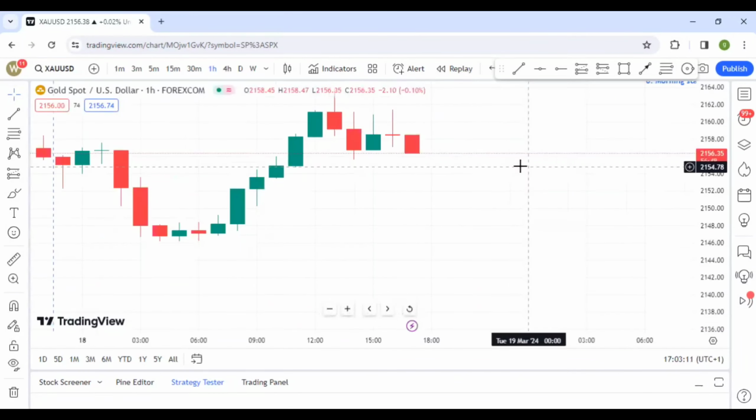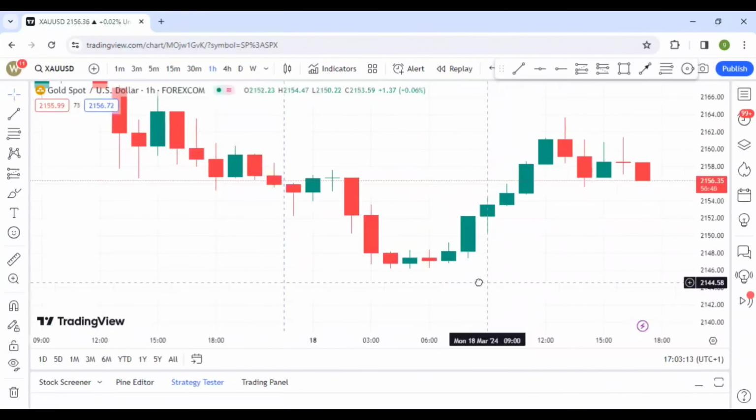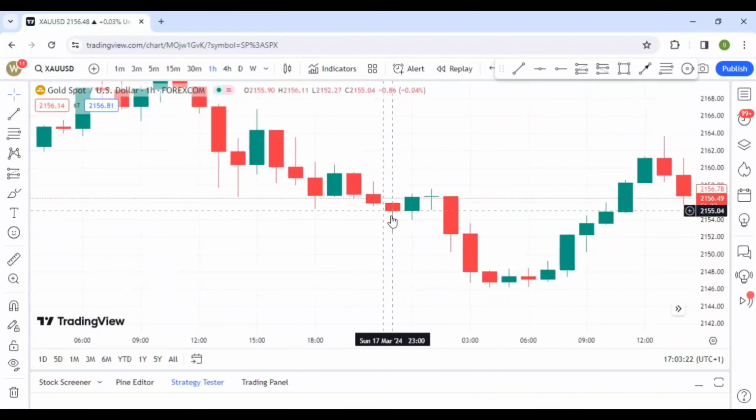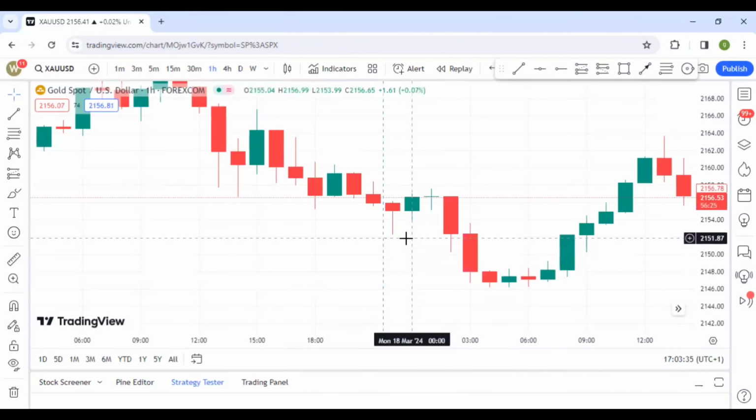So let's look for a hammer. Yeah, this is a hammer. You can see this looks like what?